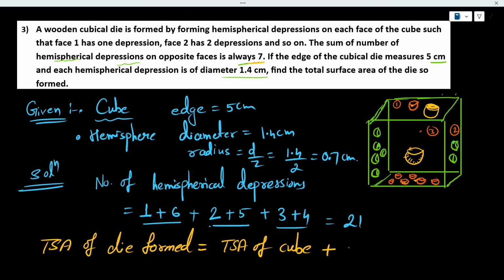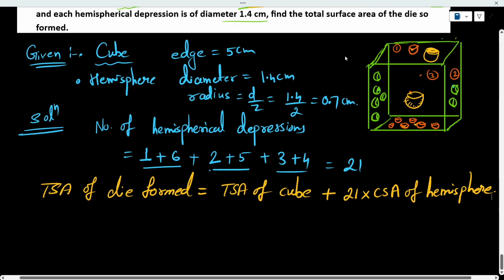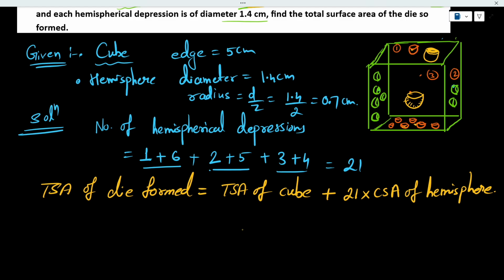So you need to add 21 CSA of a hemisphere, because there are 21 hemispheres. So curved surface area of hemisphere. I am writing 21 because there are 21 such hemispheres. Now I have taken the total surface area of the cube.